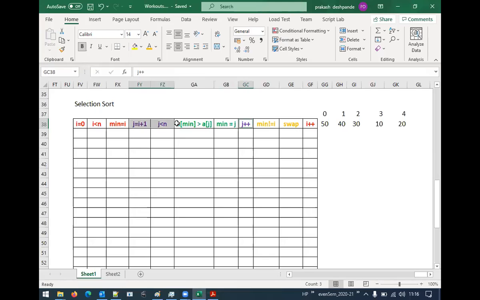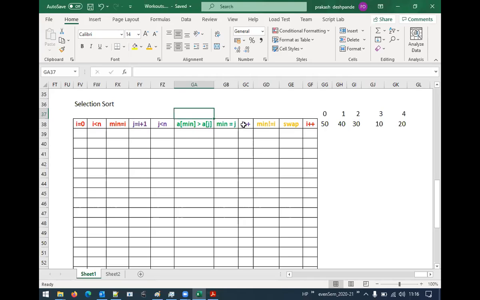You can put arrow marks, for example, if this condition is true, the arrow mark is this, right? False, go to the next. Like that also you can do. Okay.